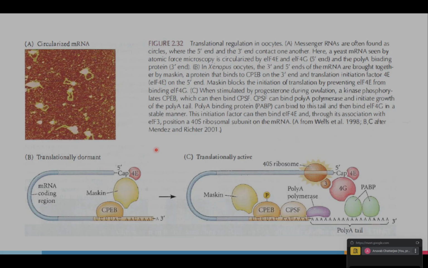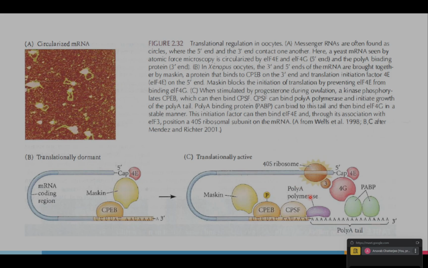So you see maskin was bound to 4E and now it is removed completely. Once it is phosphorylated, CPSF binds and recruits the poly-A polymerase. Some mRNAs have a poly-A tail added to them before being exported out of the nucleus. Some after they come into the cytoplasm, poly-A tail is added.